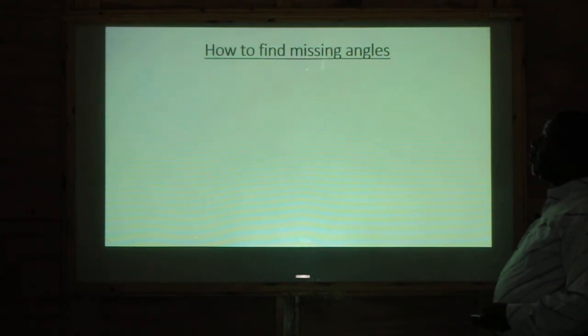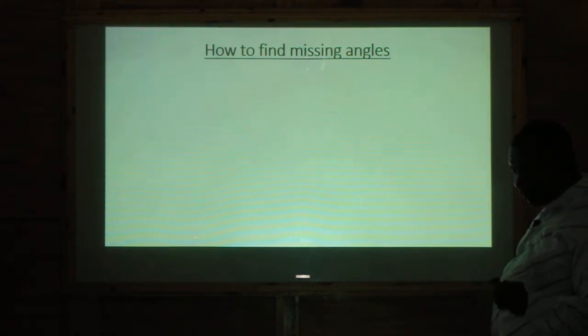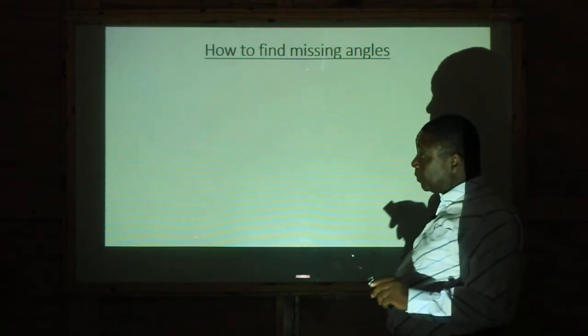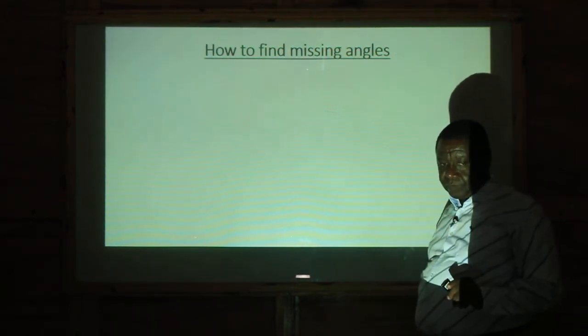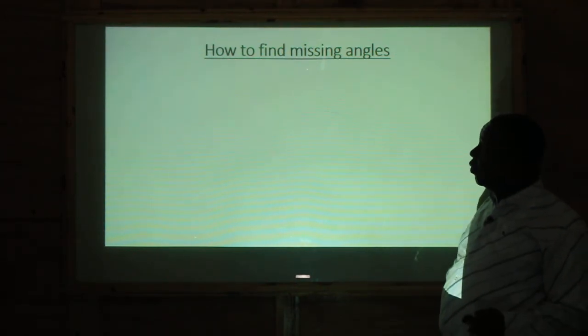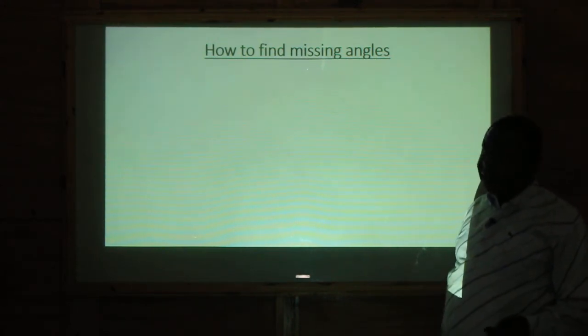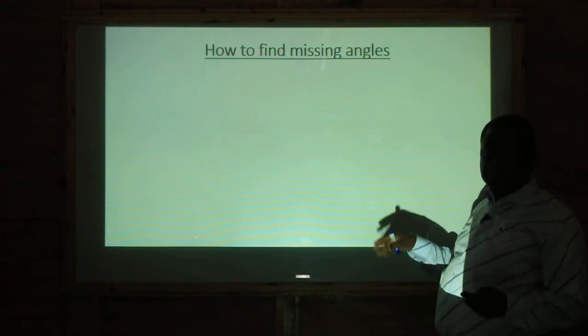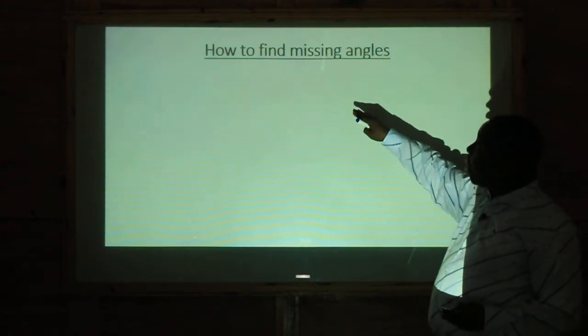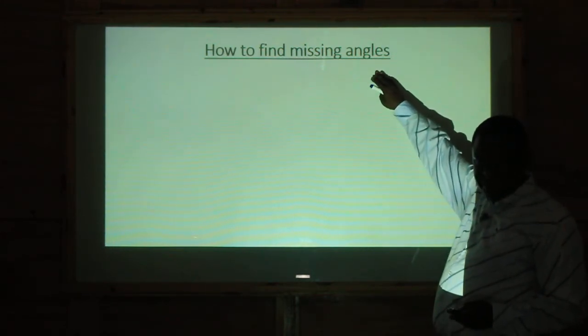All right? So we now come to how we can find the missing angles. Please let me just make this one clear. Another video will come that is basically going to talk about how you can find the sides. But as far as this video is concerned, I'm concentrating more on how you find the angles.